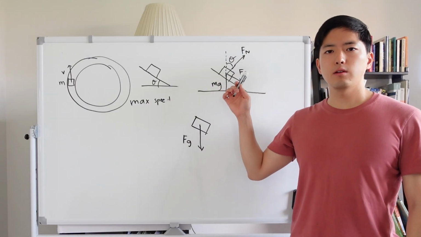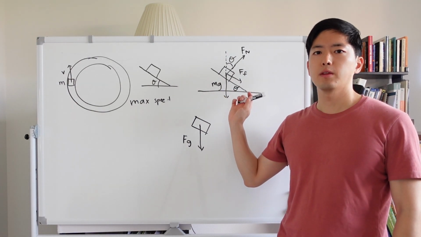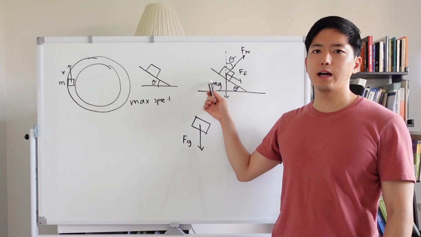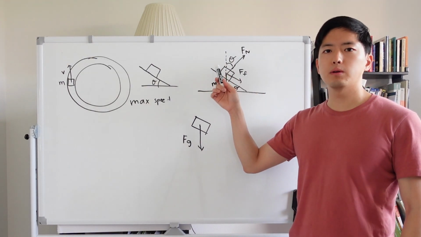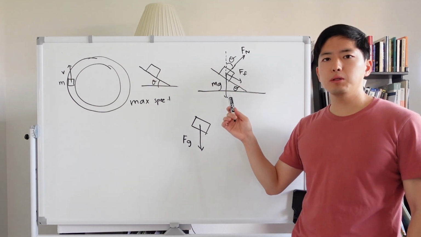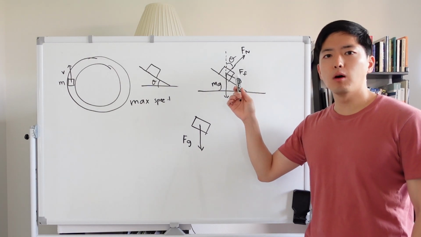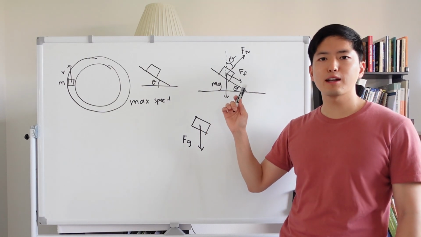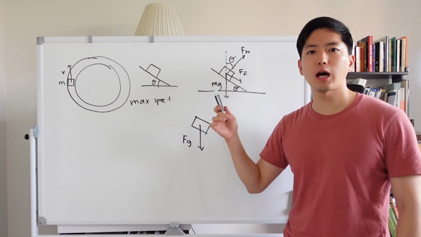So observing that the normal force is at an angle of theta away from the vertical dotted line, we notice that in order to decompose F_N into y component and x component, we would simply take F_N, the magnitude of the normal force, and multiply it by cosine of theta or sine of theta. So we involve some trigonometry in this problem.